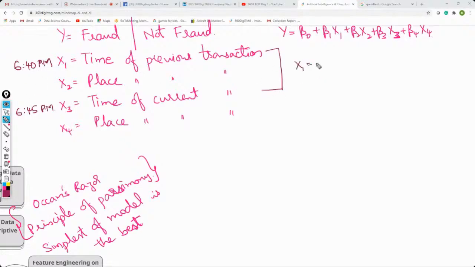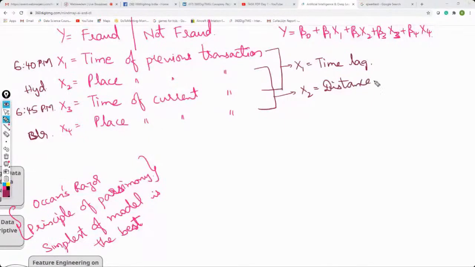So using these two, you come up with a new variable called time lag. That's the time between two transactions. Place of previous transaction: say the previous transaction happened in Hyderabad and the current transaction happened in Bengaluru. 600 odd kilometers distance. So if you subtract these two, you'd get another variable which is called distance.